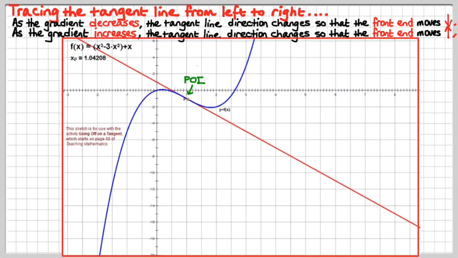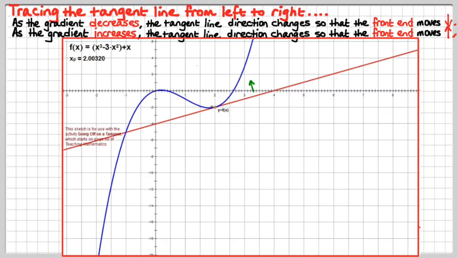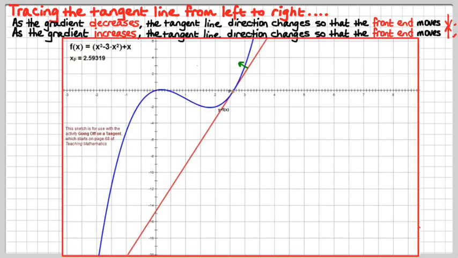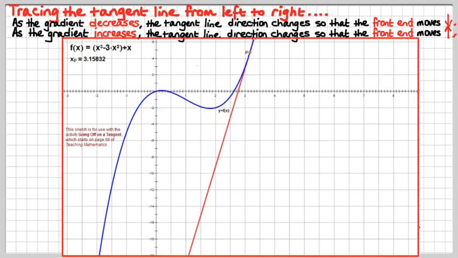Okay? There it is. Now, what's going to happen now? Because the gradient is going to start increasing now. So the front end of that tangent line is going to start moving, not down anymore, but up. Oh, look at that. Isn't that something else? Now you can see the trend is your friend. Do you get it, guys?